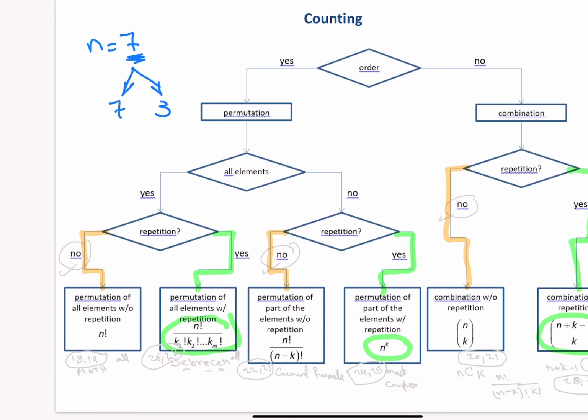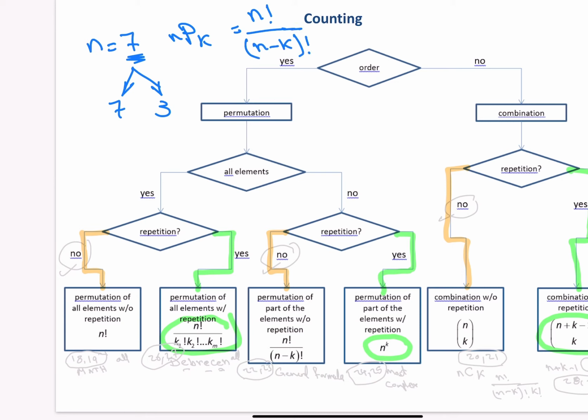If you remember, I said nPr equals n factorial divided by... sorry, in Debrecen we're using K. So nPk equals n factorial divided by n minus k factorial.